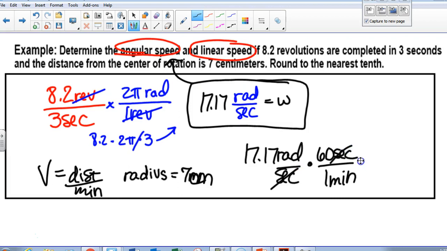Got to multiply by 60. But what else did it say I wanted? It says I wanted distance per time. I have radians per time. Remember the whole magic of radians? They can what? Disappear. So what could we do to replace that with a distance up here?